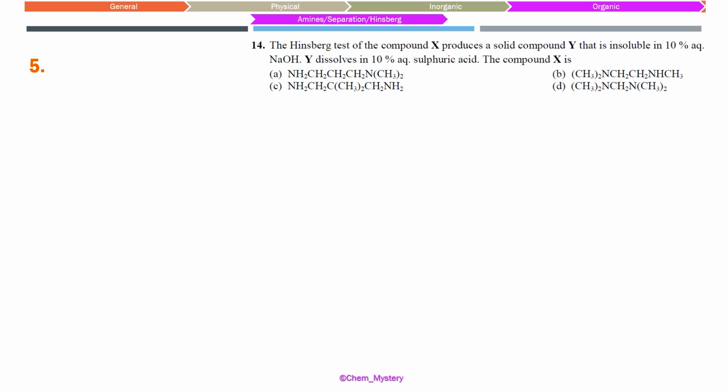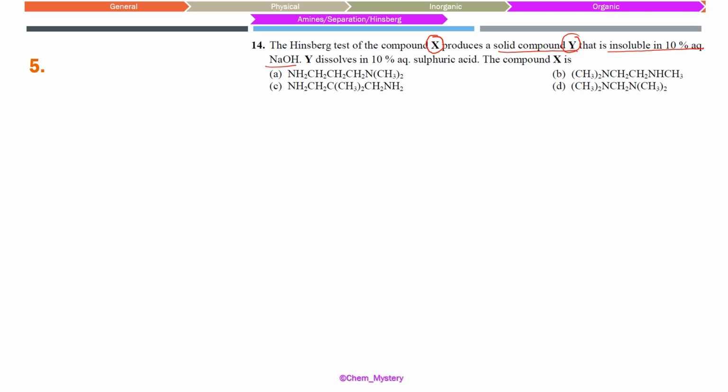And here we have been given that when this amine, compound X, is reacted, it produces a solid compound Y, meaning that it has less solubility. This could possibly be forming a precipitate. Then this precipitate, compound Y, is insoluble in 10% aqueous NaOH.